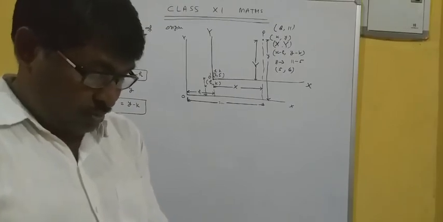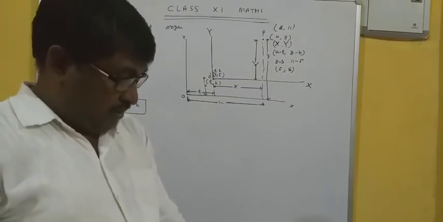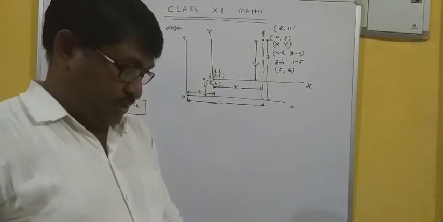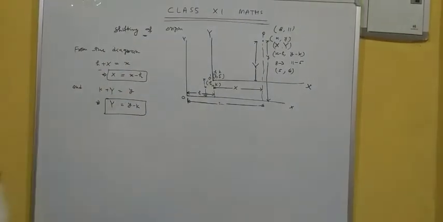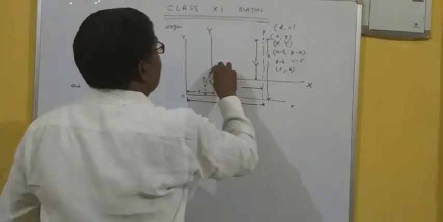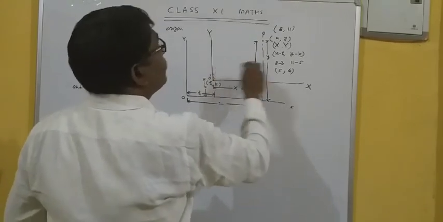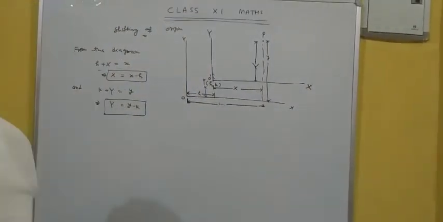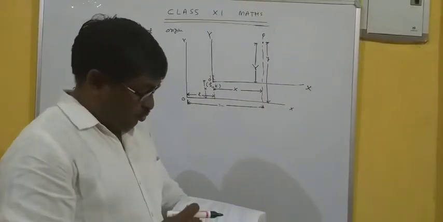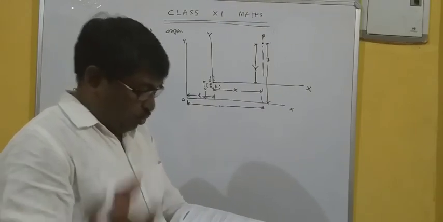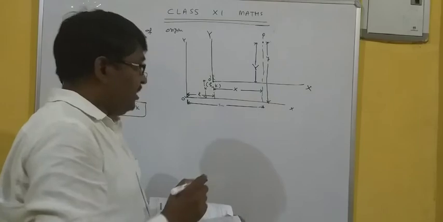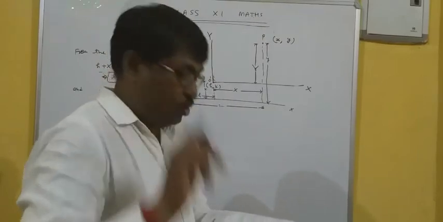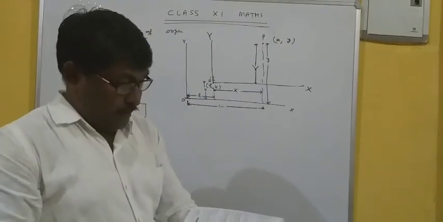One more question. Find the coordinates of a point P with respect to the old origin 0, 0. That means you have to find the value of small x and small y, the coordinates with respect to the old origin.